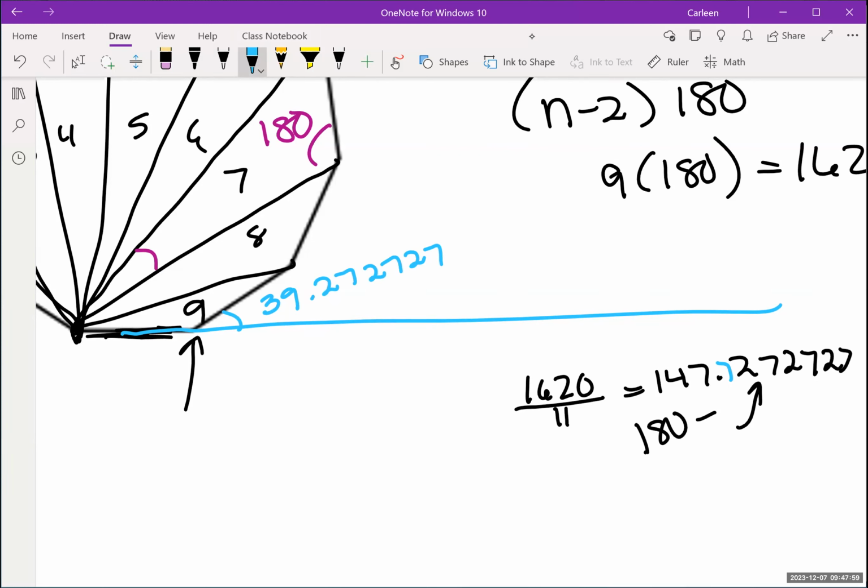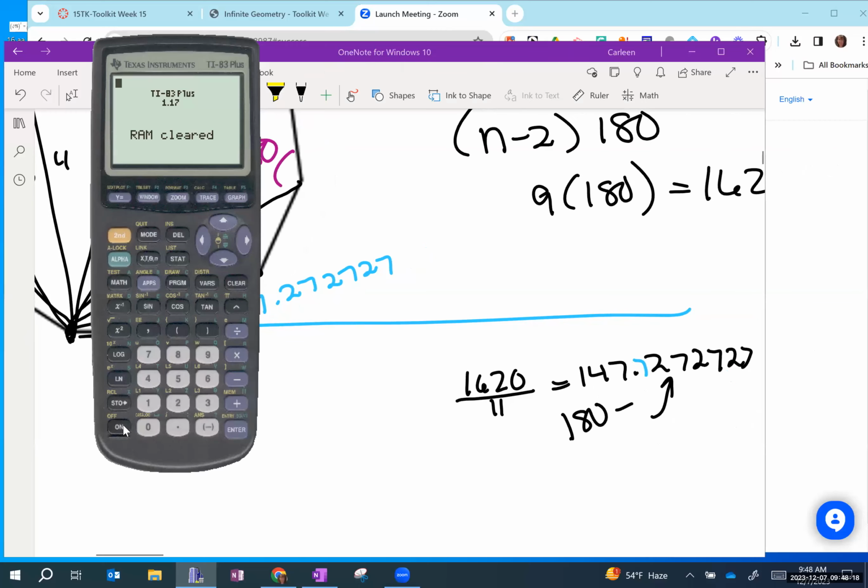Okay, are you ready for something magical? This is actually really cool. This is the proof. Sometimes it's good to prove something. So I had 1620 divided by 11.